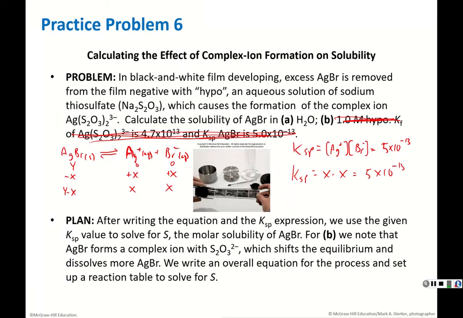Take the square root of both sides. So what we would get is X equals 7.07 times 10 to the minus 7 molar. So that would be the solubility of AgBr in water. That's how much silver and bromide ions we would get when we try to dissolve this in water.